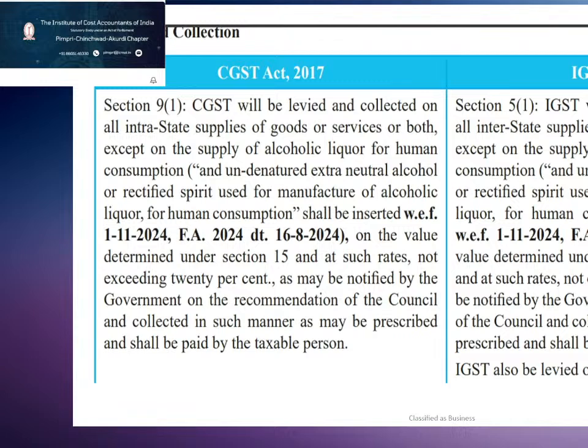So in section 9 subsection 4, where the supplies are made by an unregistered person, we need to pay the tax if you are purchasing goods, services or both from the unregistered person, on reverse charge basis. The unregistered person is definitely not going to pay the GST, so we have to pay GST.